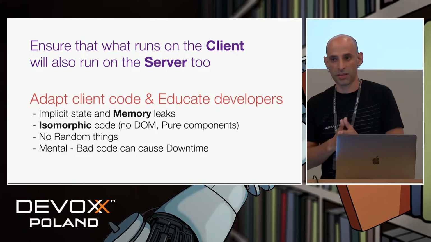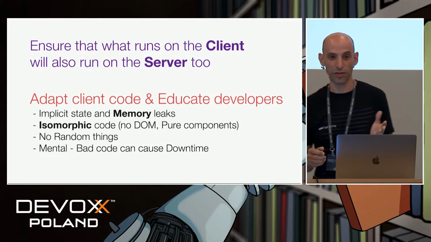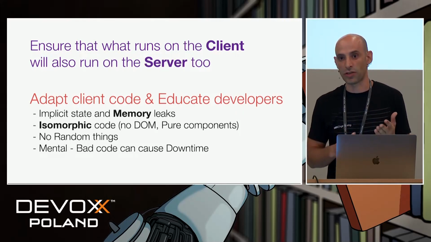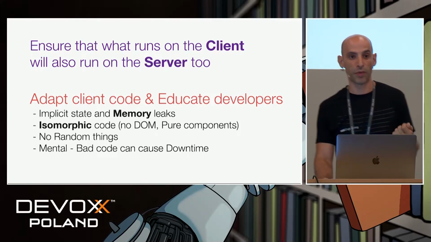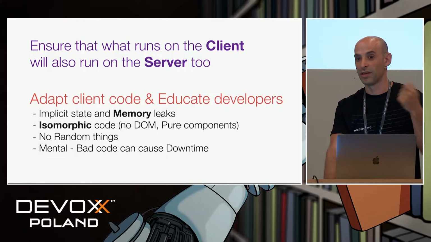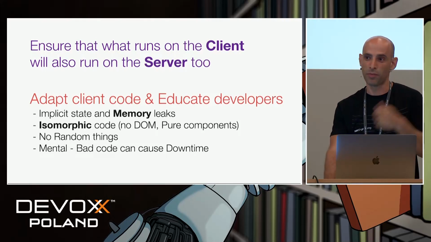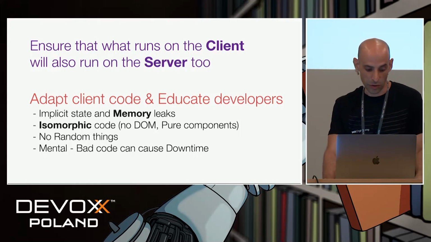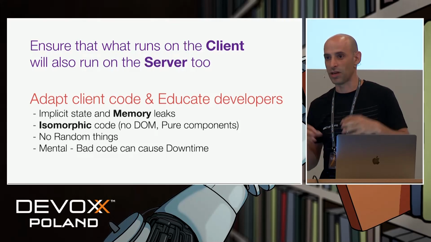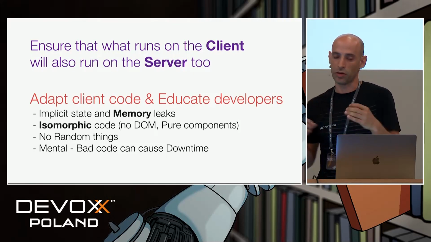So if someone does something weird, it can crash the server. And if their code performs 25% slower, then we have to bring up 25% more servers, which costs more money.